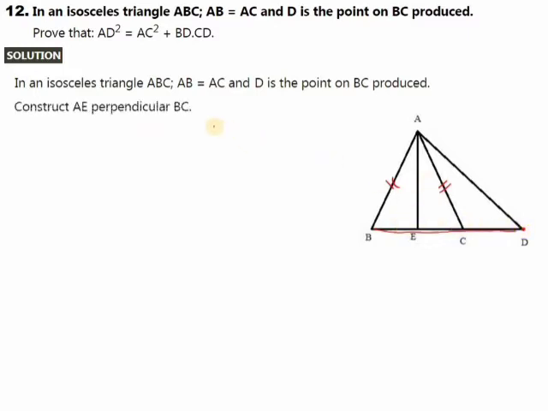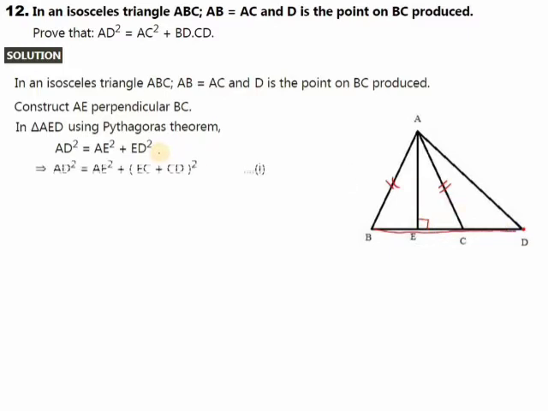In the diagram, this thing is extra: I have constructed a perpendicular AE, perpendicular to BC. In triangle AED, AD acts like the hypotenuse because this angle is 90 degrees. So using the Pythagoras theorem, AD square is equal to AE square plus ED square.